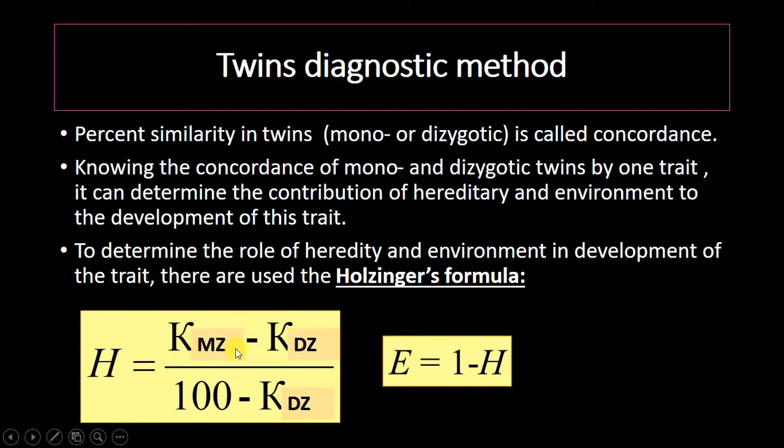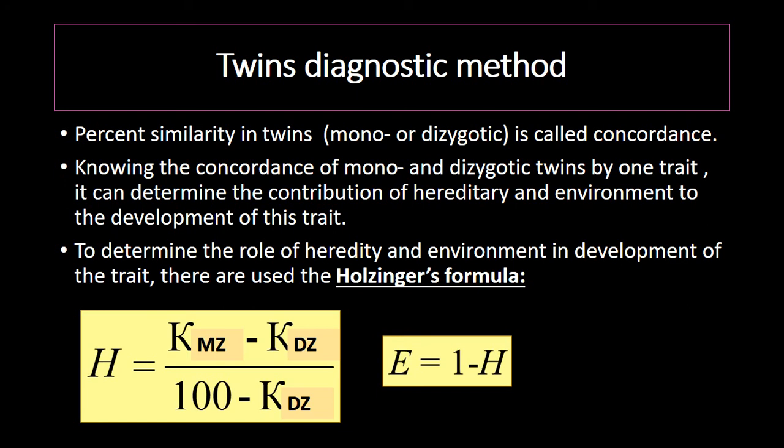Knowing the concordance of mono- and dizygotic twins by one trait, it is possible to determine the contribution of heredity and environment to the development of this trait.